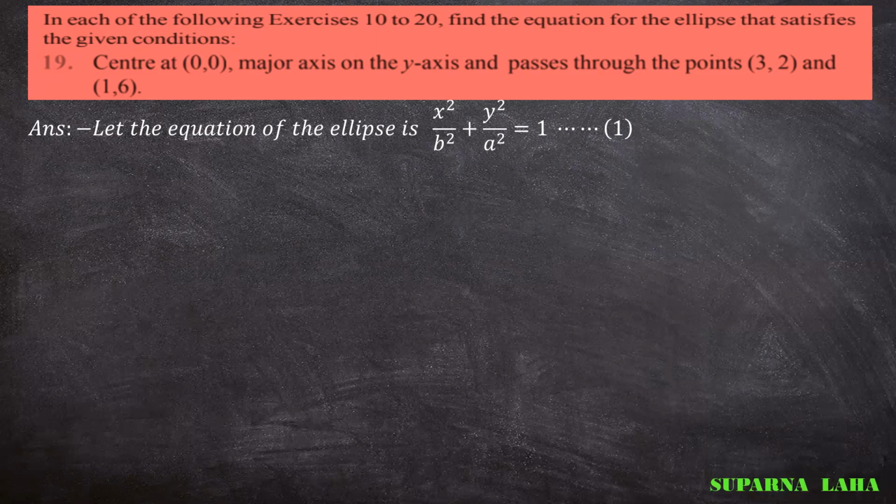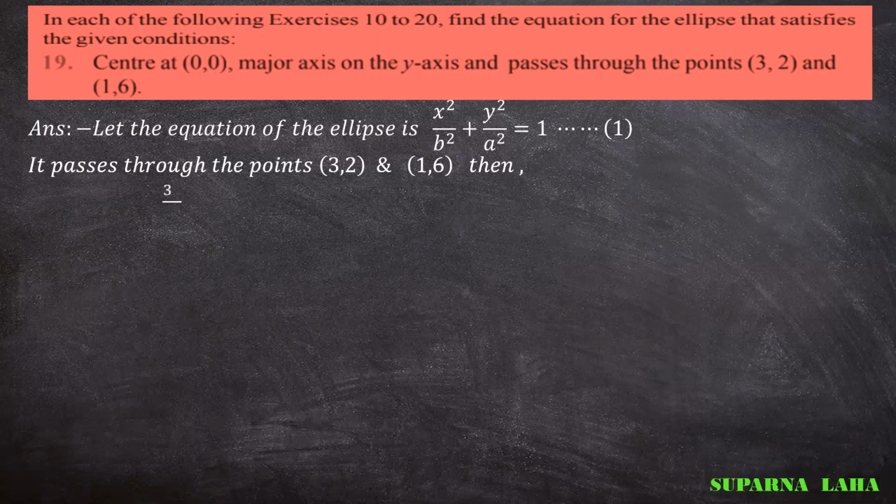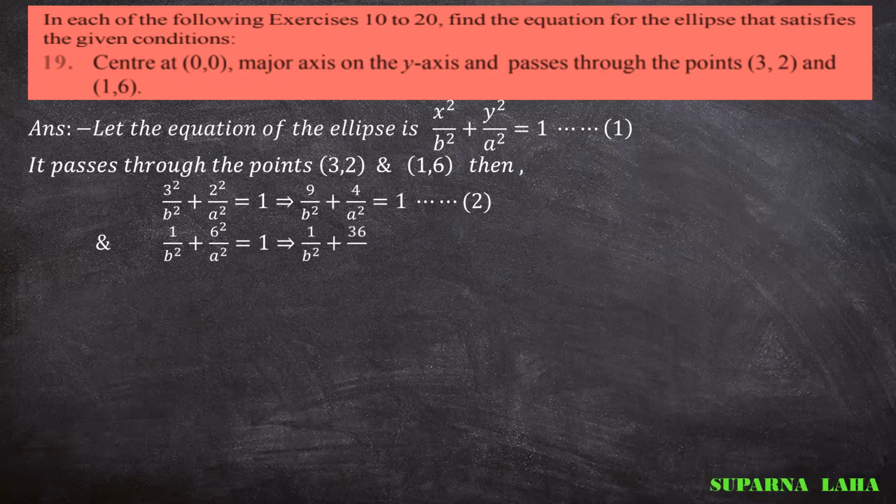Now the ellipse is passing through two points 3, 2 and 1, 6, so that means the two points will satisfy the equation. In the place of x and y we can put 3 and 2, and again we can put 1 and 6. So let's put these values. 9 by b square plus 4 by a square is 1, and 1 by b square plus 36 by a square is equals to 1.